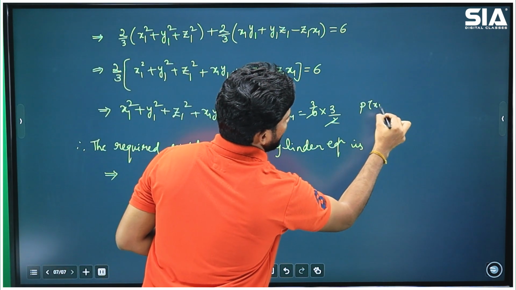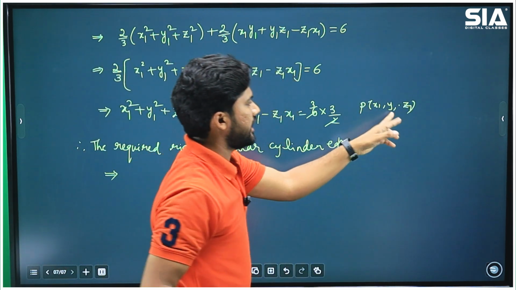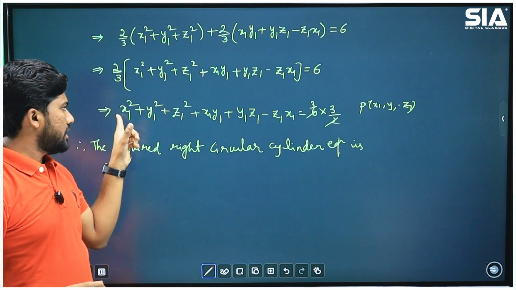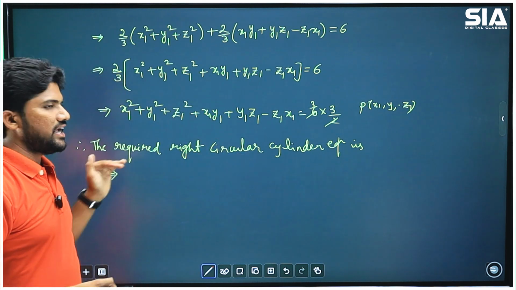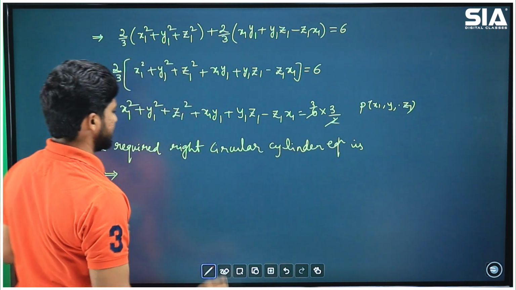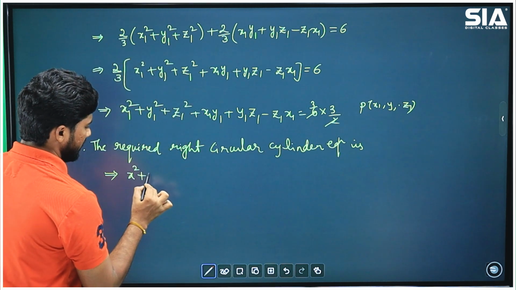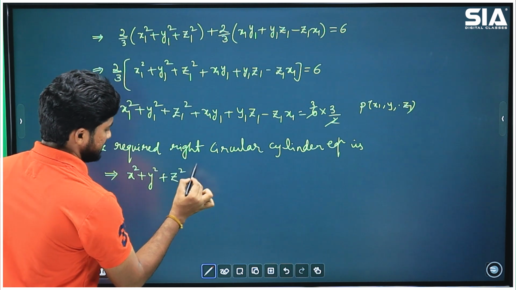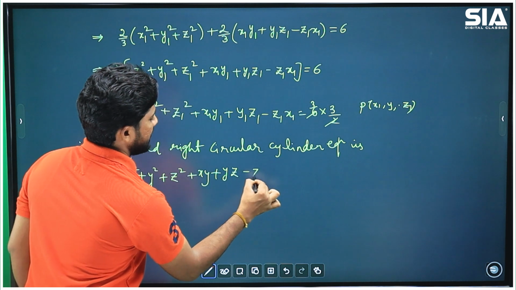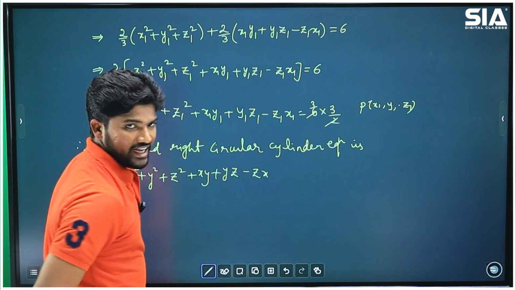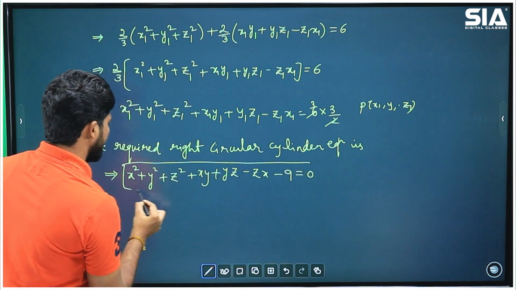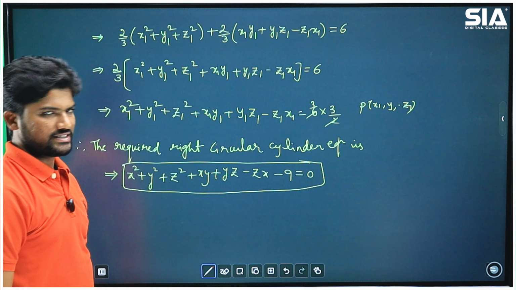Whenever you write the final equation, in place of x1 y1 z1 write xyz, which represents the locus of all points. So the final equation is x squared plus y squared plus z squared plus xy plus yz minus zx, take the 9 to LHS, minus 9 is equal to 0. This is the required right circular cylinder equation.